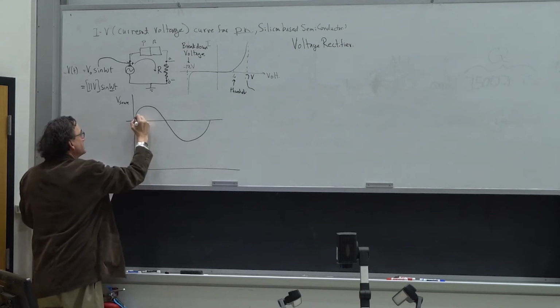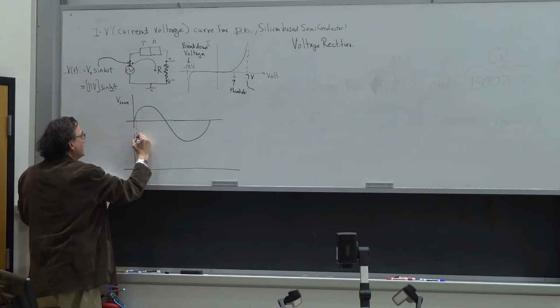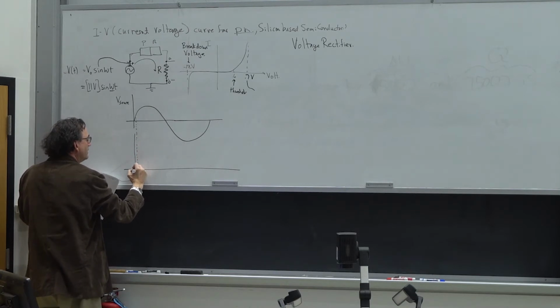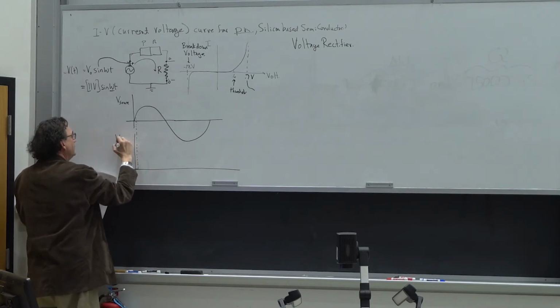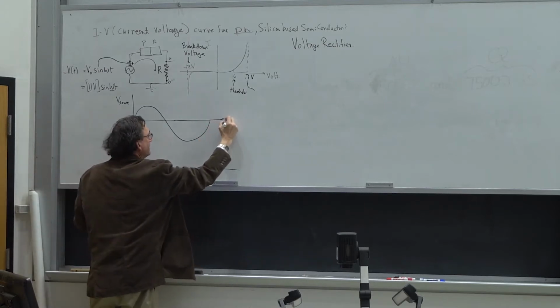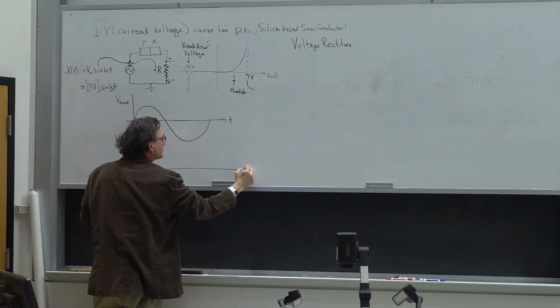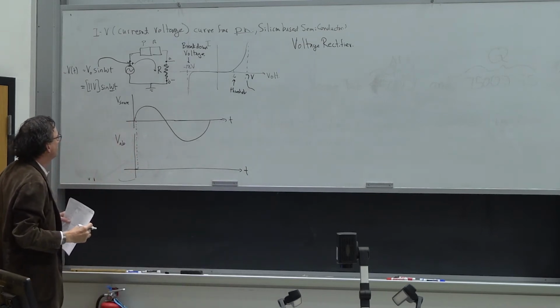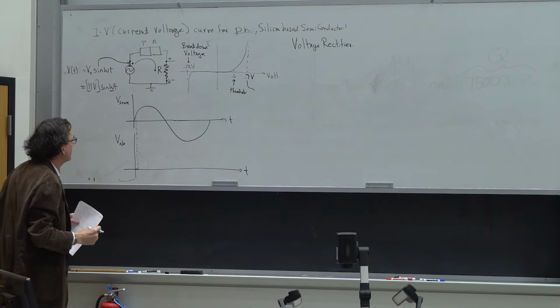So in the very early part of the positive going voltage, the voltage out, or what I call VAB, is going to remain 0. Now remember, this is a time plot, and we'll draw a time this way. And I'm not going to mention what the frequency is.